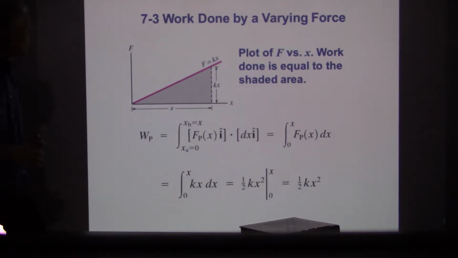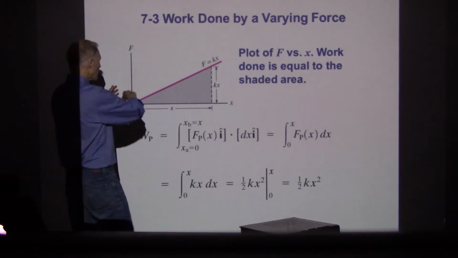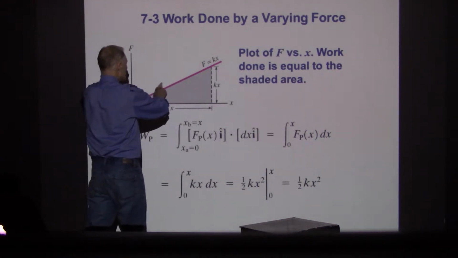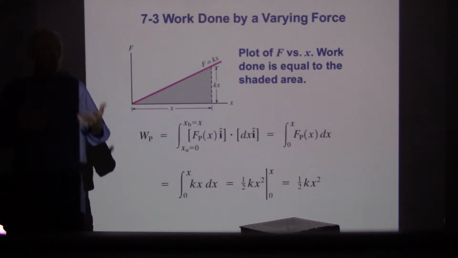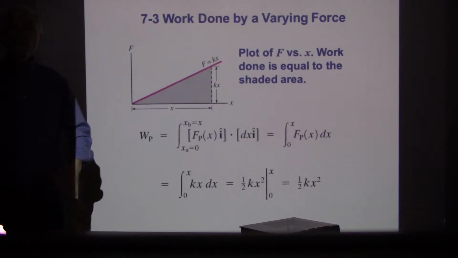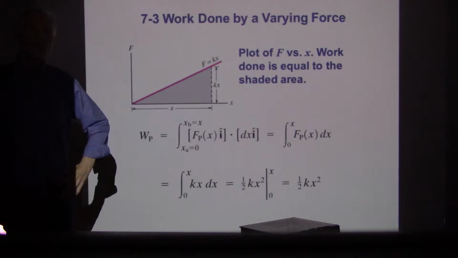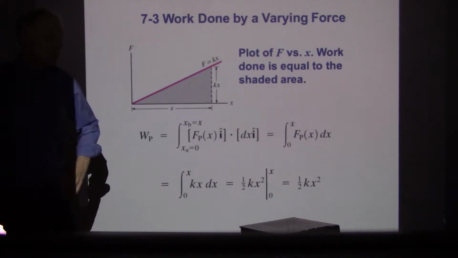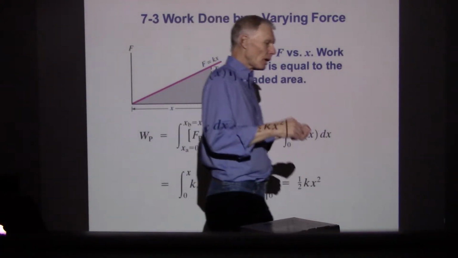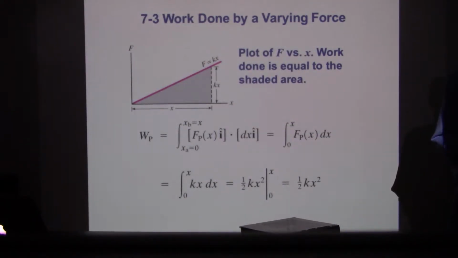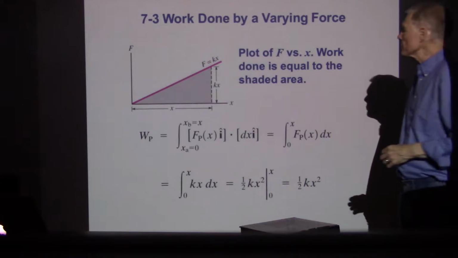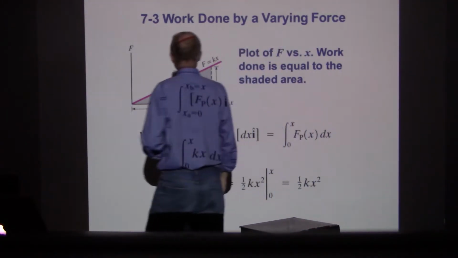So we could draw this on a piece of paper. We could get some scissors, cut this out, and weigh it on a scale to find out how much area that represents. That's exactly what, when I was in college, my roommate, a chemical engineering major, did in one of his labs.